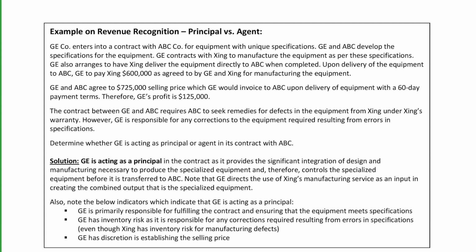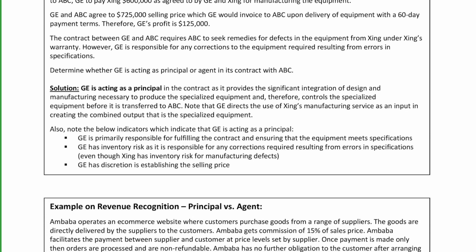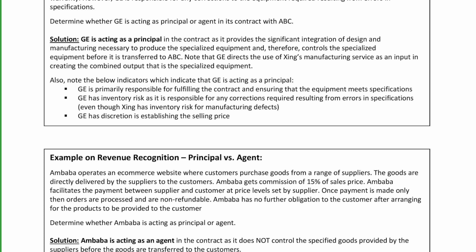However, GE and ABC agree to a $725,000 selling price, which GE would invoice to ABC upon delivery of the equipment with a 60-day payment terms. Therefore, GE's profit in this deal is $125,000. The contract between GE and ABC requires ABC to seek remedies for defects in the equipment from Xing under Xing's warranty.